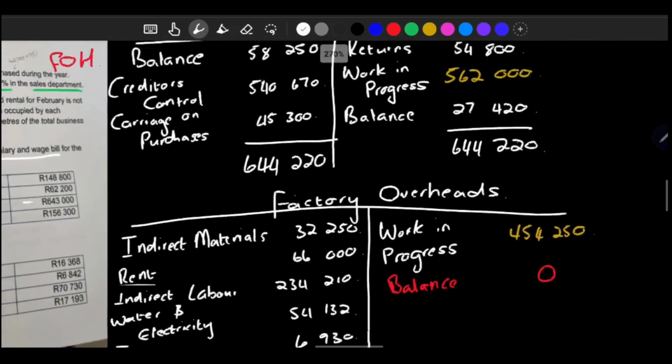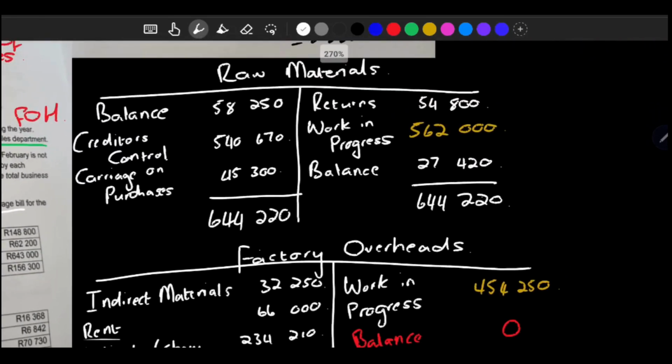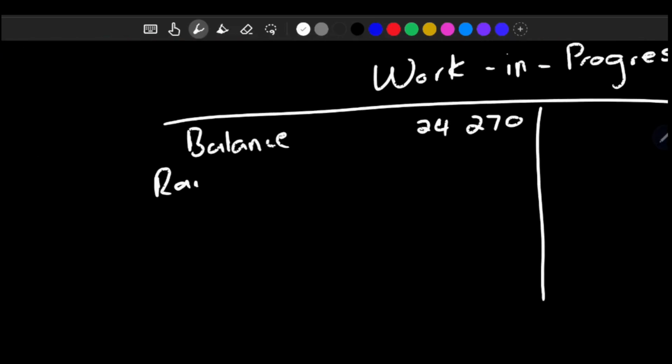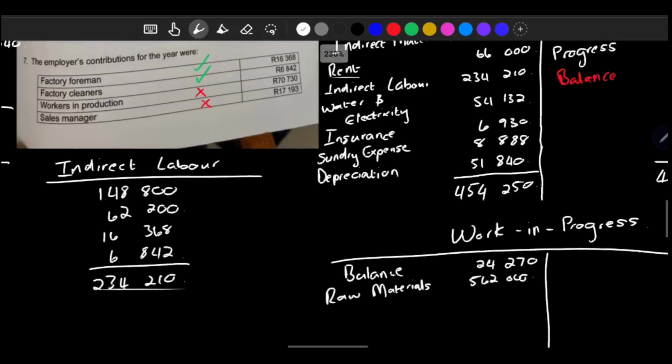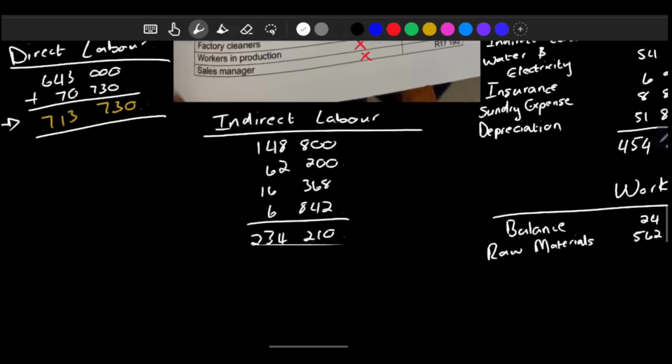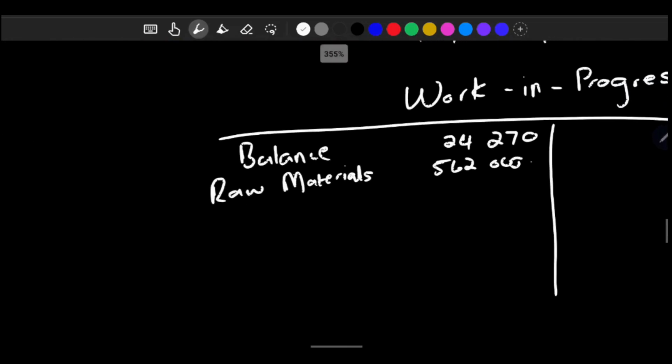So we had, let's start at the top, raw materials or direct materials of 562,000, right? I'm gonna write raw materials. You can write direct materials, you can write direct materials issued, raw materials, right? And that is for 562,000. Then remember, don't forget about it, we have our direct labor, right? Never forget about that. 713,730.